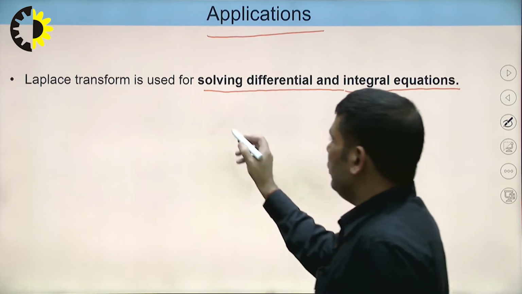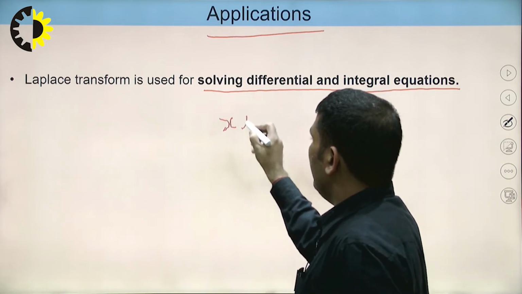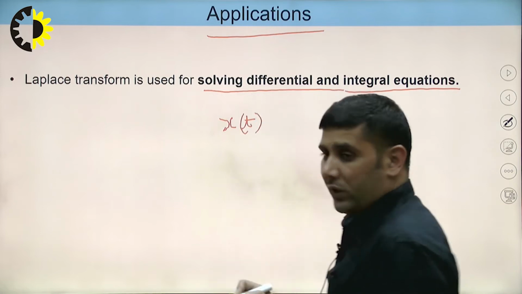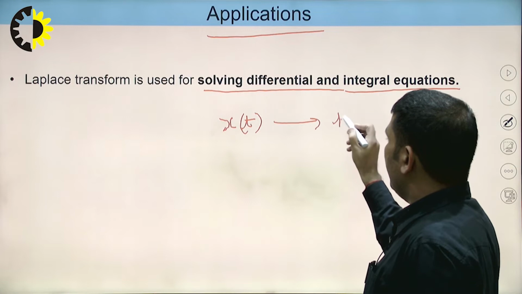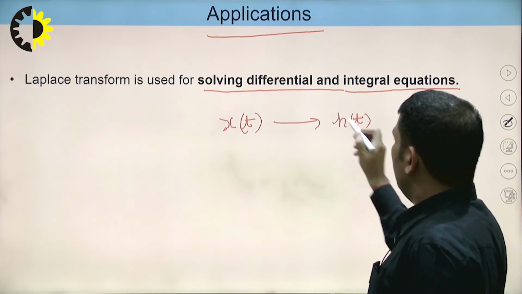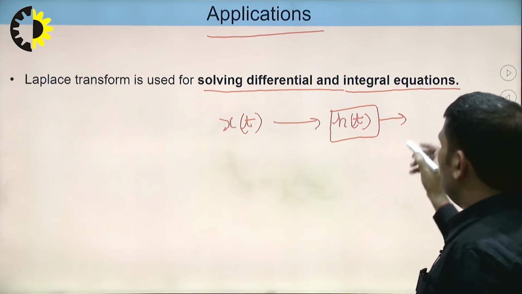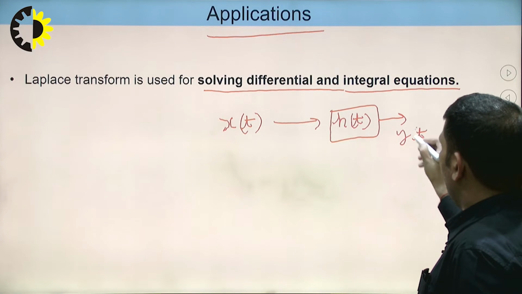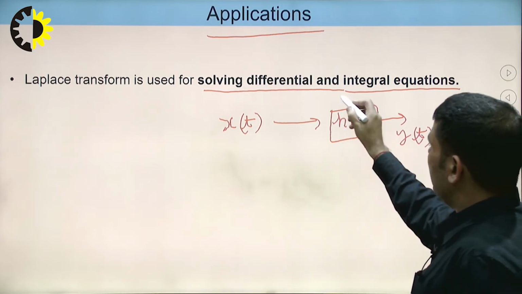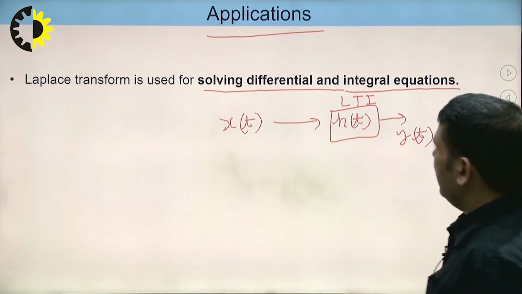Suppose you have any function or input x(t), a continuous input or excitation, applied to a system having the impulse response h(t). Suppose the response or output is y(t), and the system is an LTI, linear time invariant system.